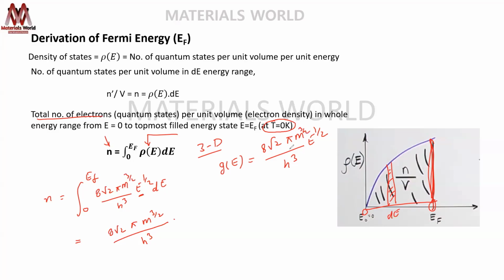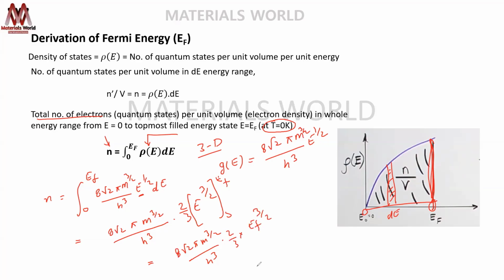This m to the power 3 by 2, E to the power half, you can integrate it as 2 by 3 E to the power 3 by 2, right? Then you can put the limits 0 to EF, and then you can simply get 8 root 2 pi m to the power 3 by 2 by h cube into 2 by 3 into EF to the power 3 by 2, and then you can simplify.